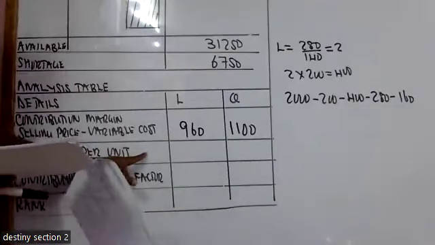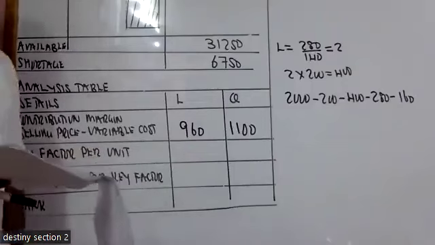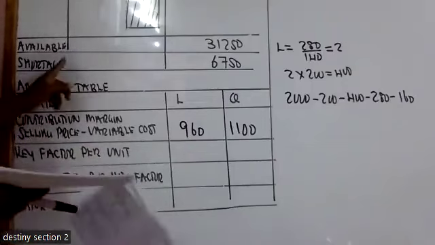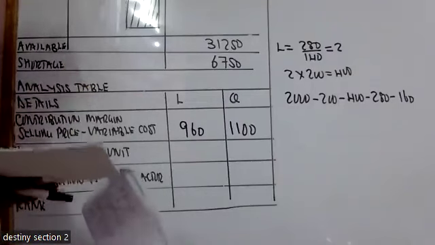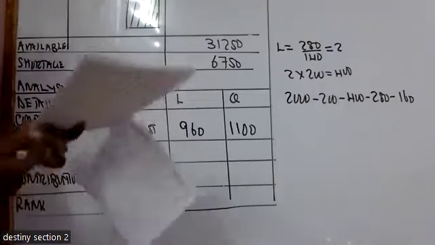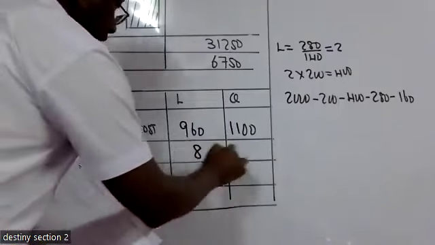The next column is what we have called the key factor per unit. And the key factor is the resource that is scarce, that has a shortfall. And we know that is material Q. So material Q liters per unit, this is 8, and this is 10.